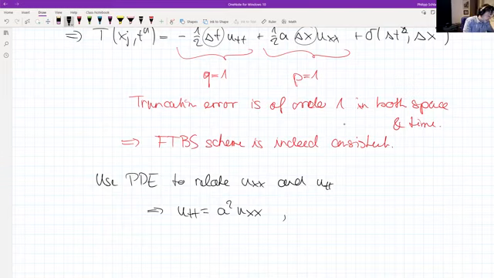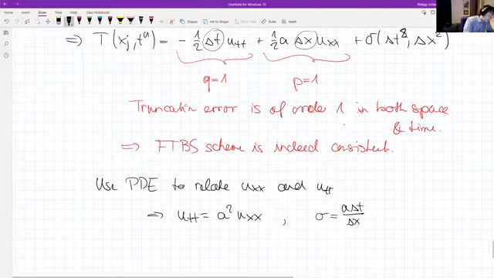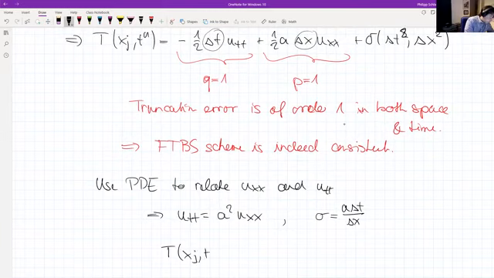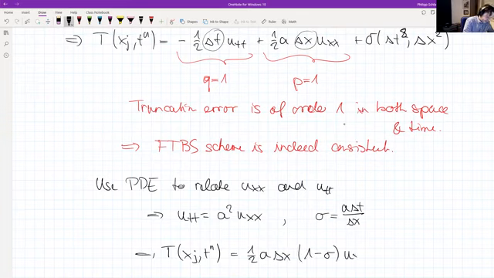And if I use an abbreviation, sigma being a times delta t divided by delta x, just as for the time being as an abbreviation, I can then simplify, rewrite my truncation error as t is the same as 1/2 a times delta x times (1 minus sigma) times uxx.